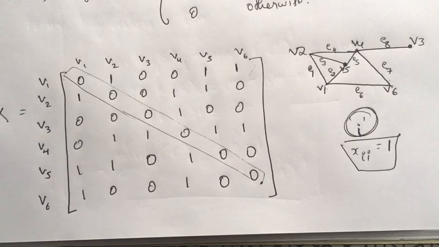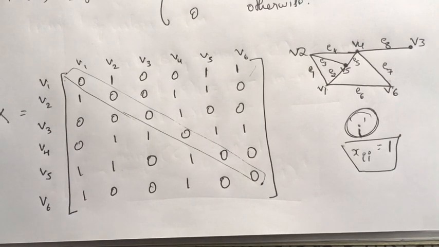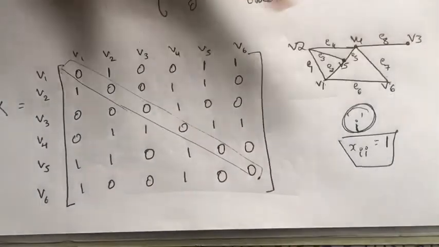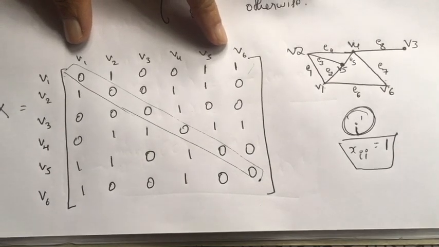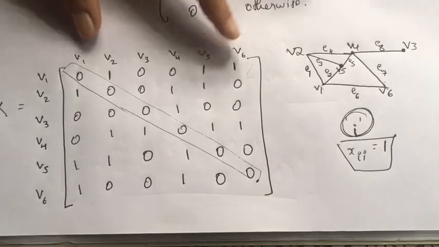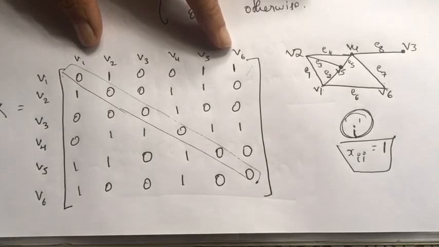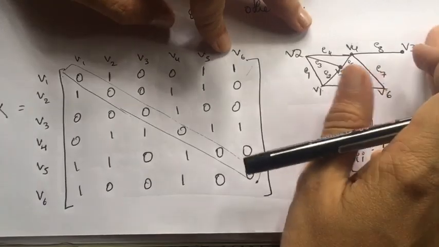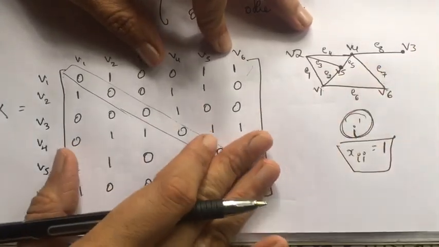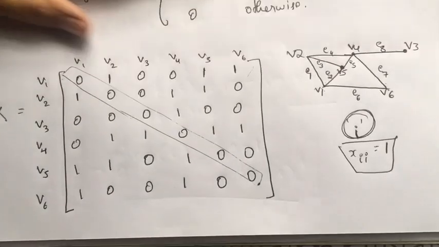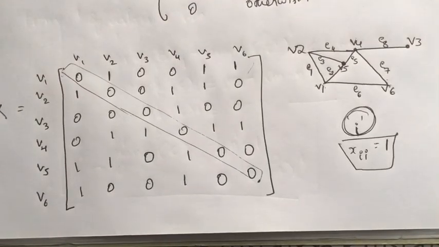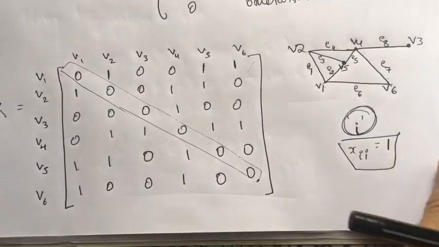So if any square symmetric binary matrix is given to you of order say n, then we can always construct a graph for the corresponding matrix. These are the observations of adjacency matrix.